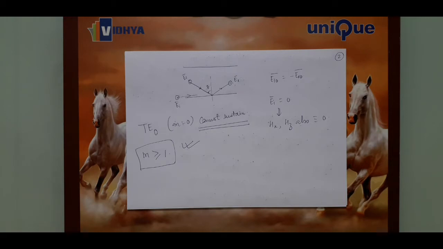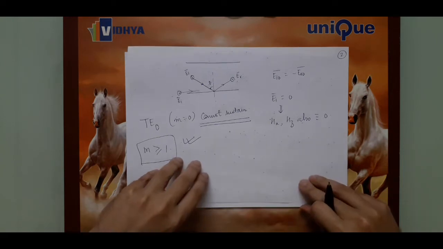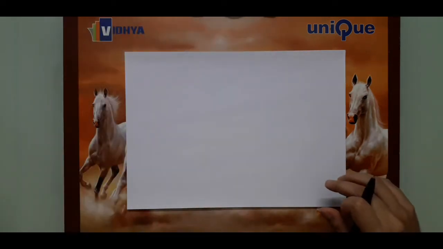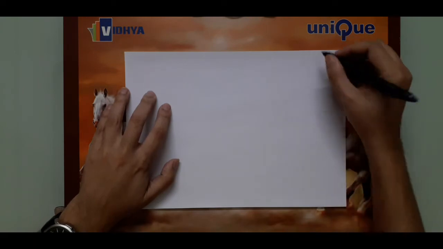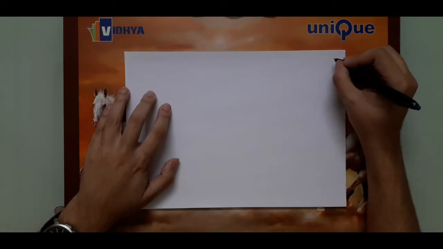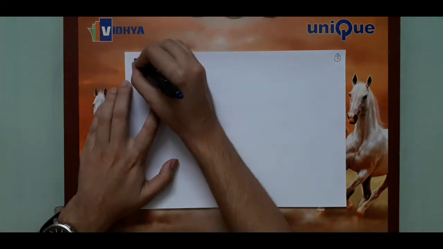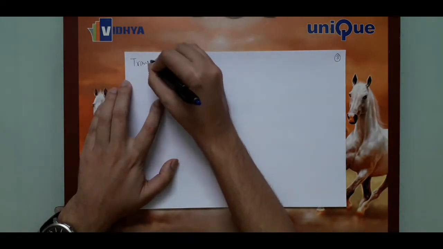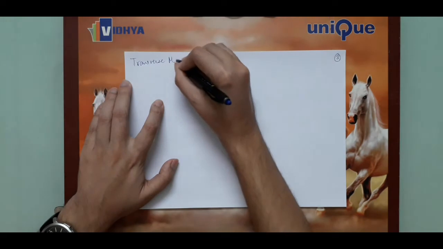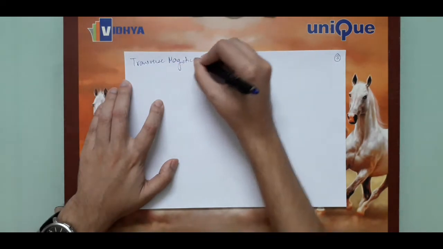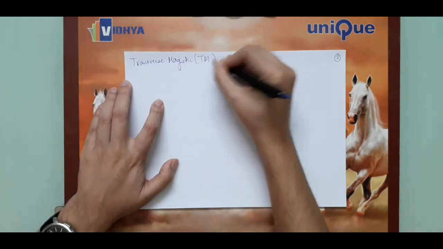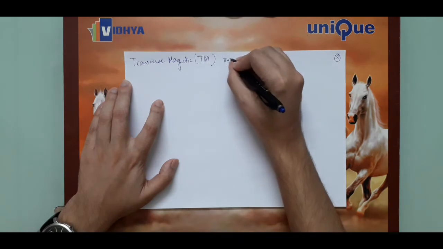Now, let us look at the other way of propagation, which is called a transverse magnetic, or TM, propagation.